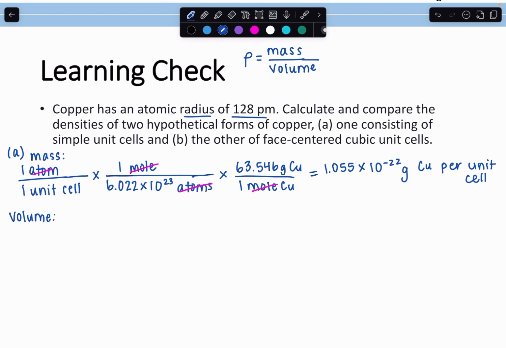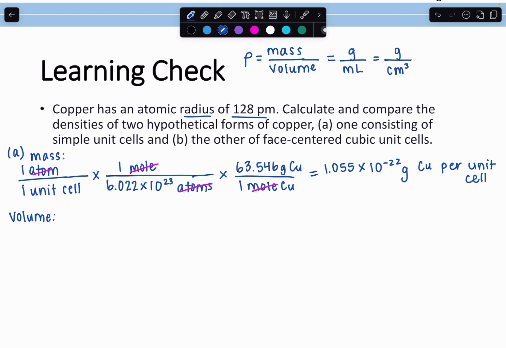The volume of a cube is the length of an edge cubed. We know that for simple cubic, the length of the edge is 2r. While I explain it, I'm going to do a unit conversion for r first. You could convert at the end, but usually density is in grams per milliliter, which is equal to grams per centimeter cubed, since a milliliter is equal to a centimeter cubed.